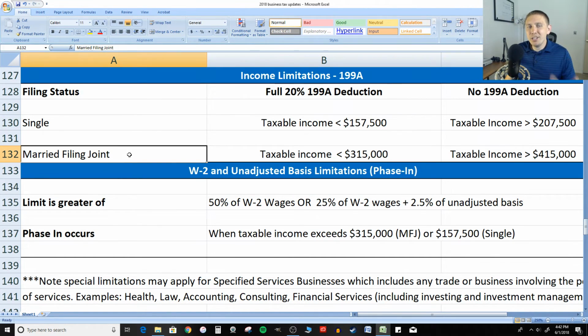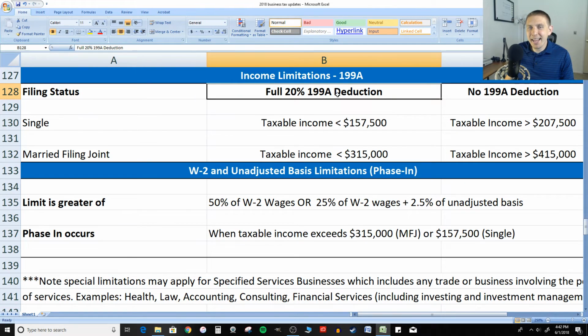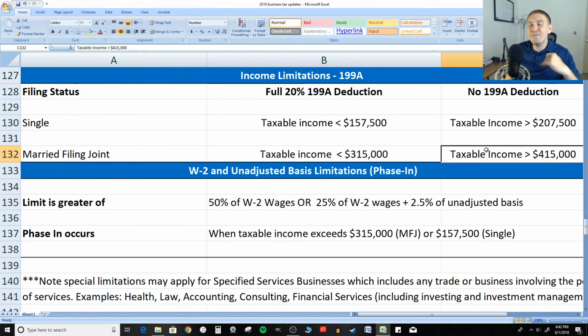If you're married filing joint and your taxable income is less than $315,000, then you'll get the full 20% 199A deduction on your business income. If you're married filing joint and your income is above $415,000, then you'll probably get no deduction at that point.